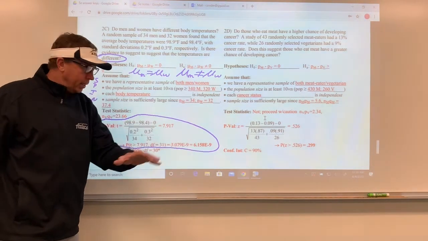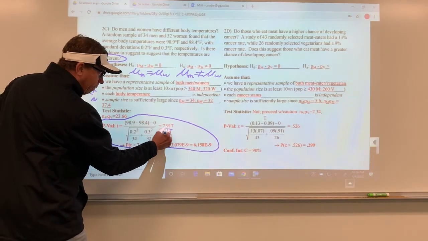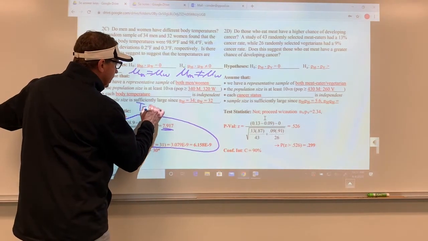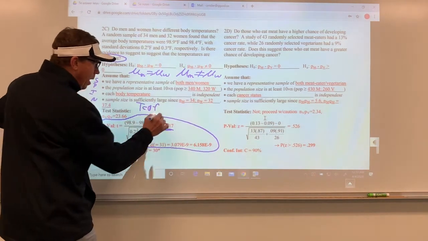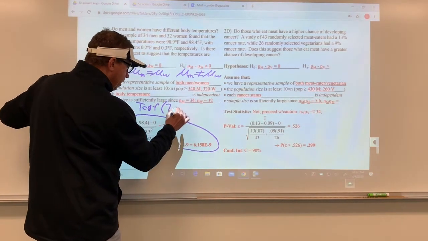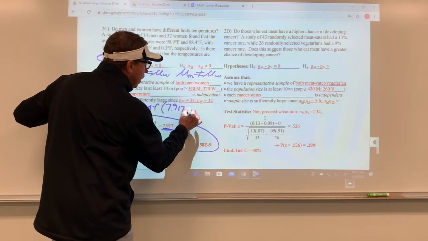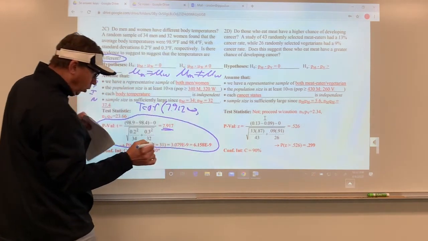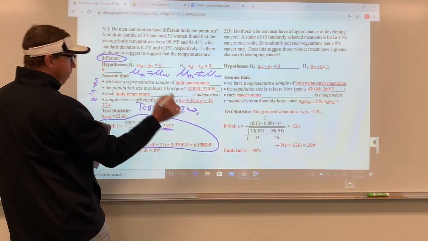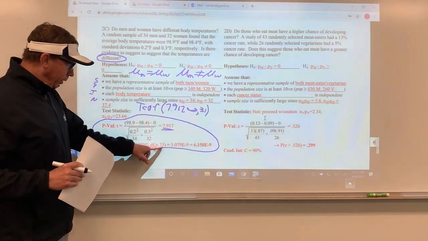And that's essentially 0. So to convert the t-score to the p-value by hand, you're probably going to use tcdf. You're going to type in the t-score, 7.917, comma infinity, comma degrees of freedom 31.